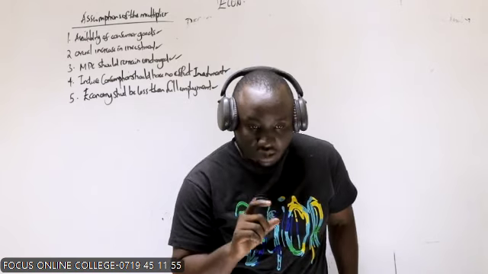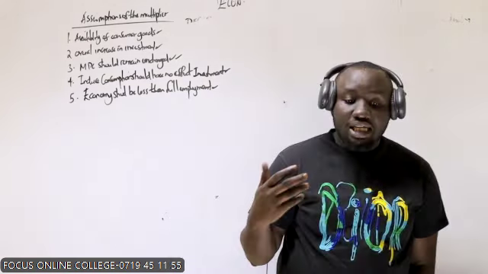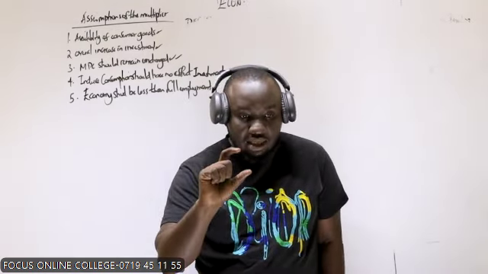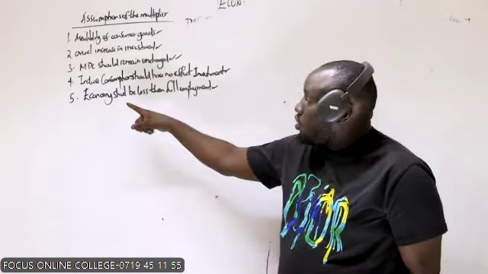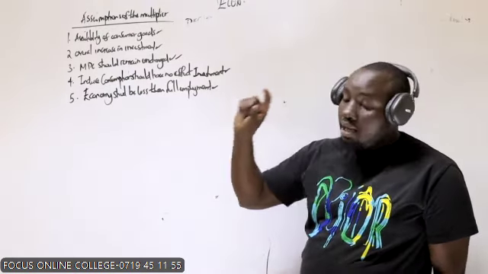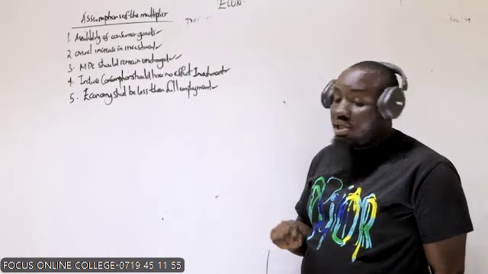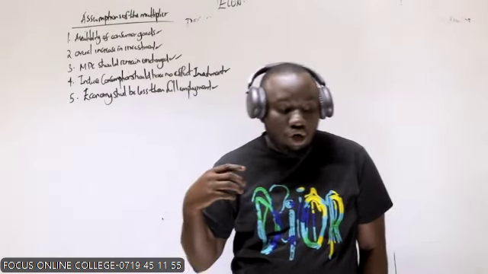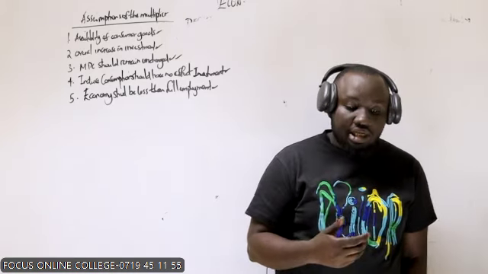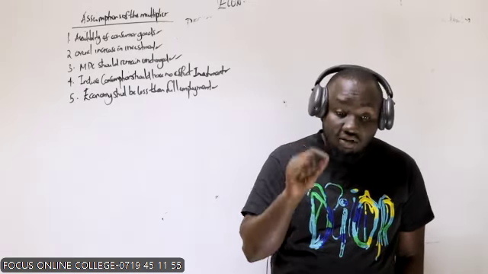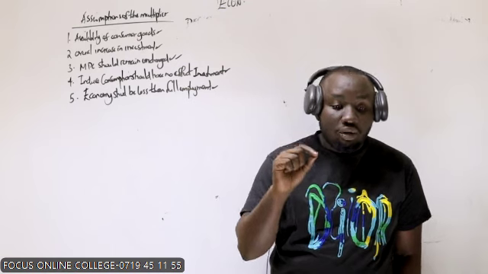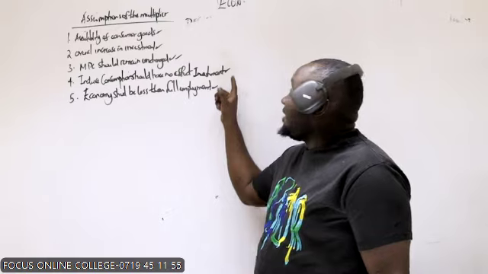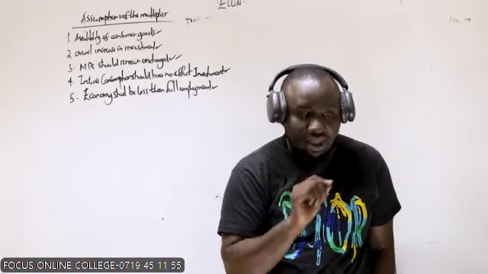And therefore the multiplier becomes very low. So we say that for this to happen, the economy should be less than full employment.